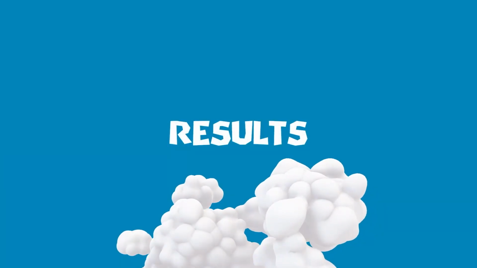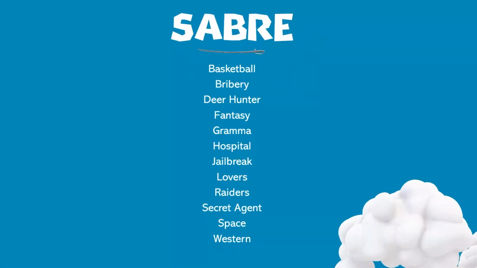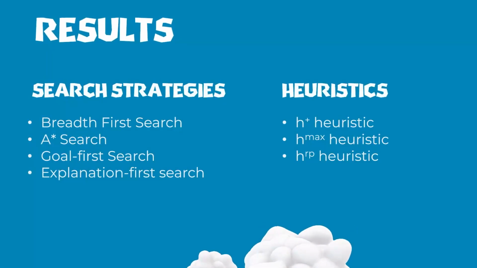So let's move on to results. We used 12 different small to medium-sized domains in this research to benchmark Sabre. Fog-of-war can be used in any planner configuration, so we tested the pruning algorithm with search strategies paired with classical planning heuristics like H+, Hmax, and relaxed plan heuristics.